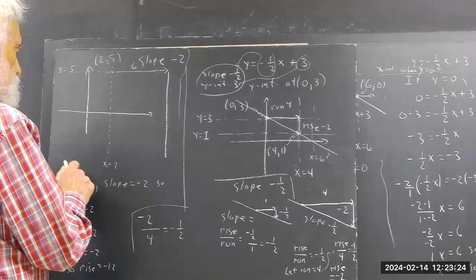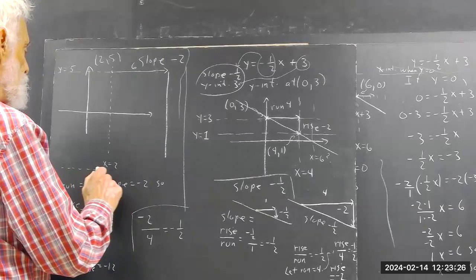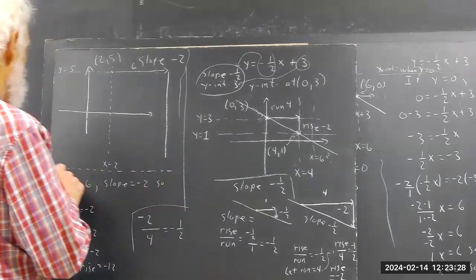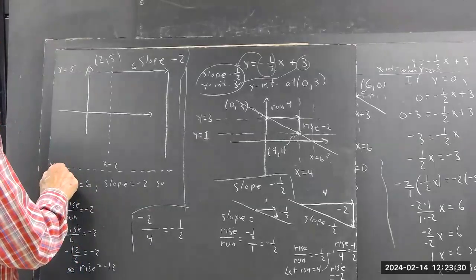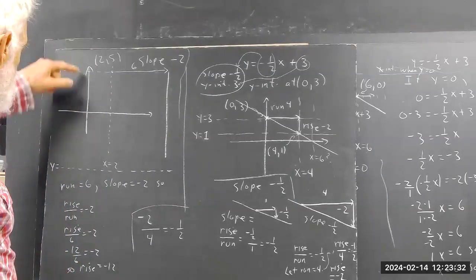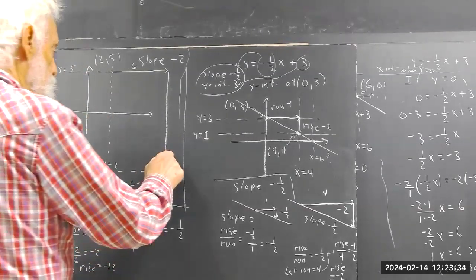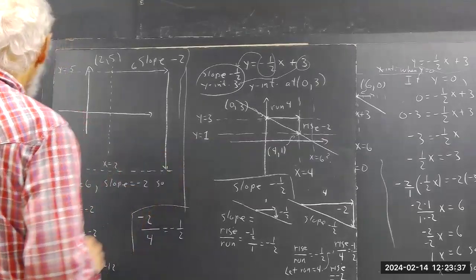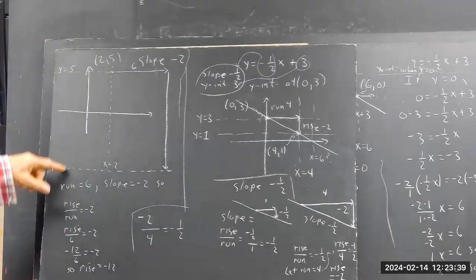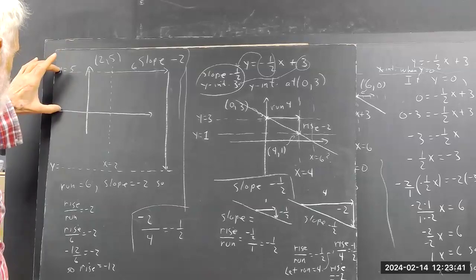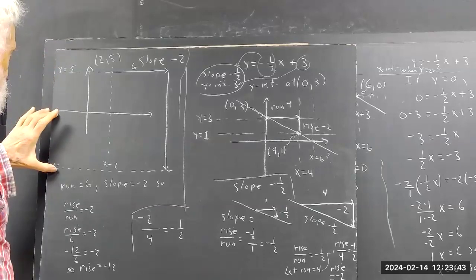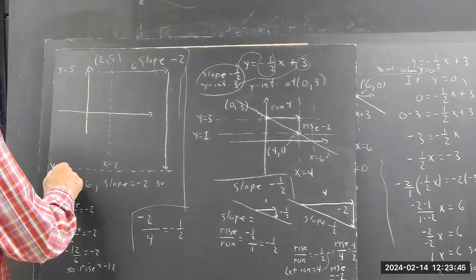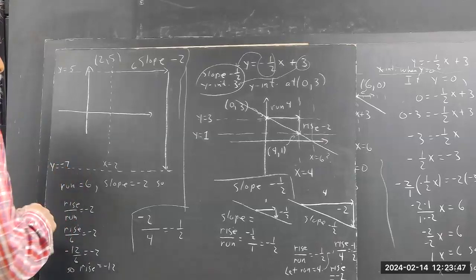So how far do we go? Well, we're going to have to come down here to y equals something, so that from this line up to this line is 12 units. So if from here to here is 12, here's 5 of that distance, you've got to have 7 here. So y is -7.